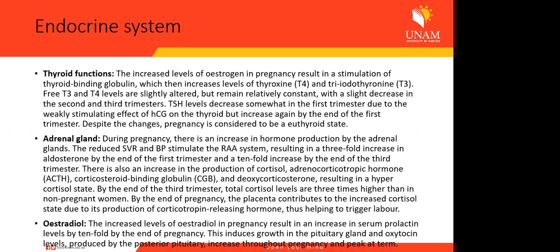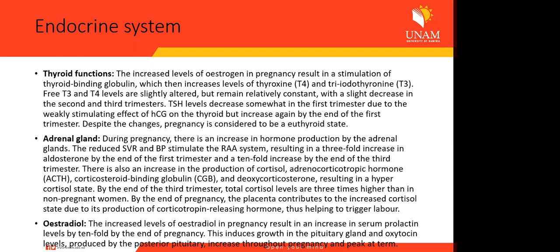Also there's increased production of cortisol, adrenocorticotropic hormone, and what have you. All of these result in a hypercortisol state. At the end of the third trimester, the total cortisol levels are said to be 3 times higher than in a non-pregnant woman. By the end of pregnancy, the placenta also contributes to the increased cortisol state due to its production, and all of this helps to trigger labor at term.